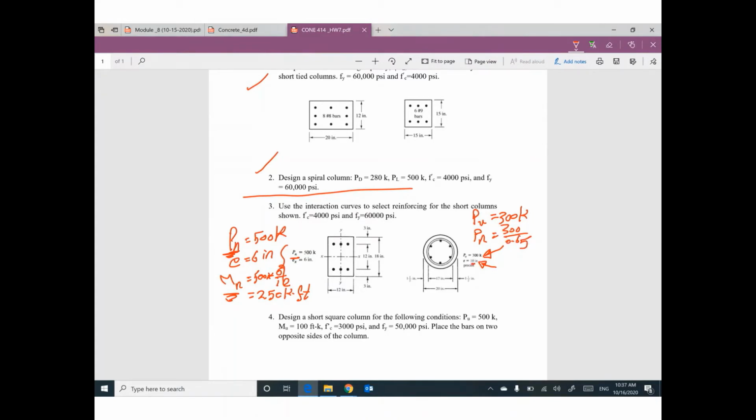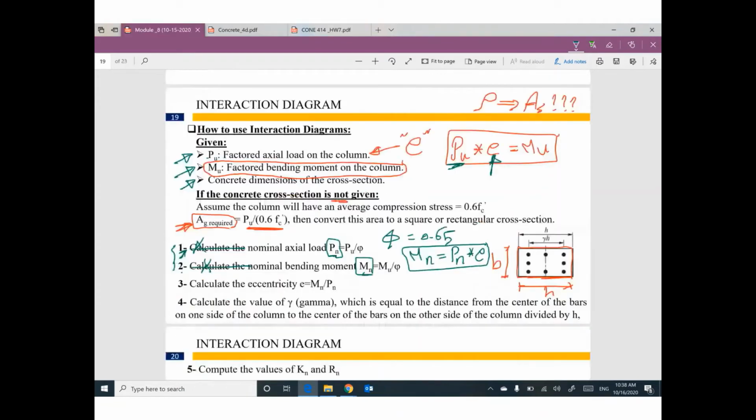So I can figure out the value of Mn equals Pn, which is this value, times 10 inch, 10 divided by 12 to be in feet. Your value will be in kip-feet. So please be careful which values are given. After these two steps, I need you to put your hand on two values, Pn and Mn.